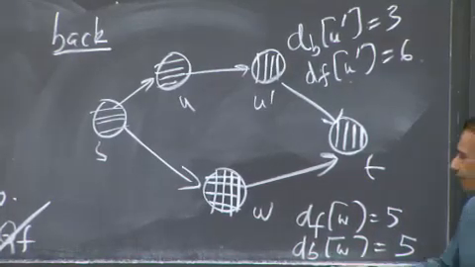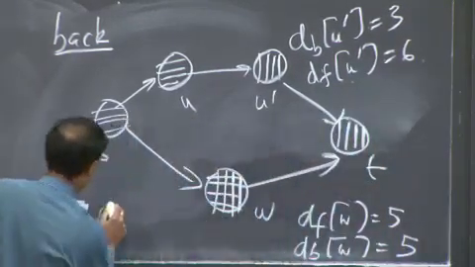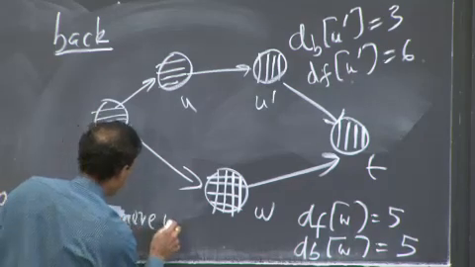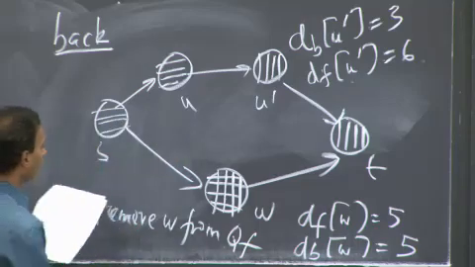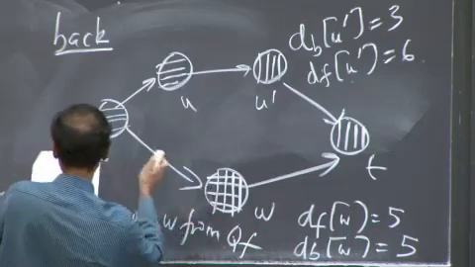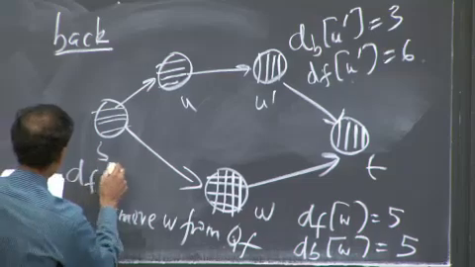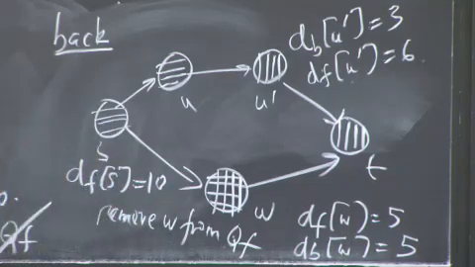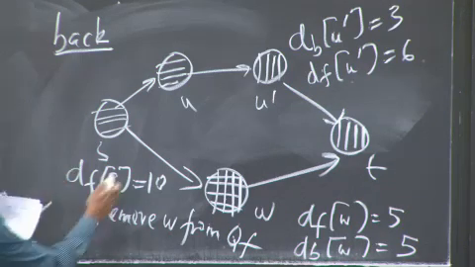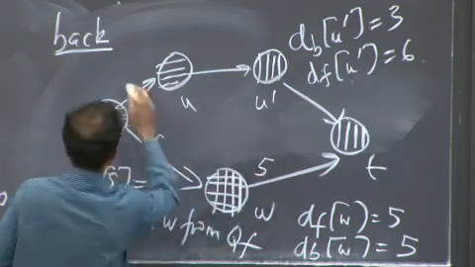You will pick w and remove it from QF, and process it. And what you end up with is dF of s equals 10. OK? That's what you get because this is a 5, and that's a 5.